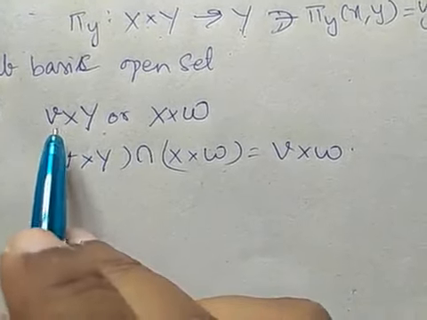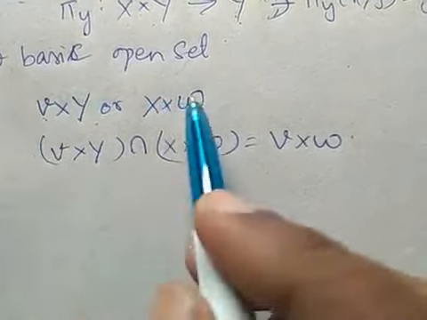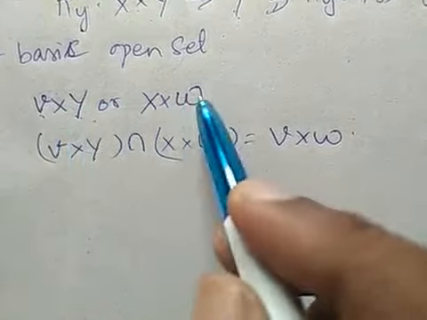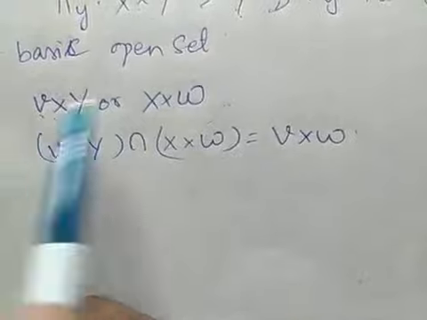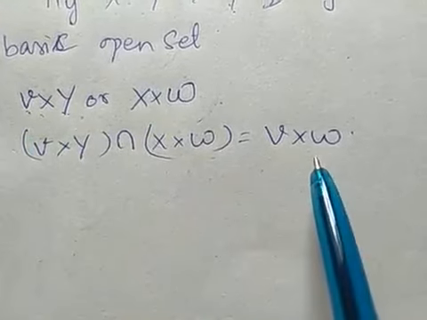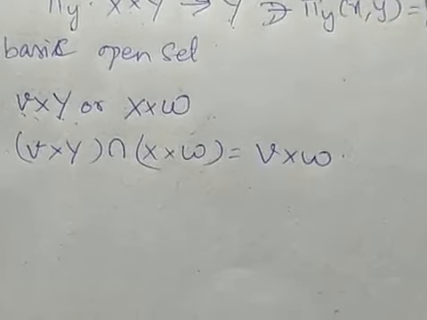We are considering some subbase for X, V cross Y, and some subbase for Y, that is X cross omega. So when we take the intersection of these two, we are going to get V cross omega.